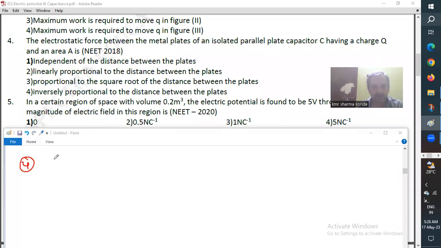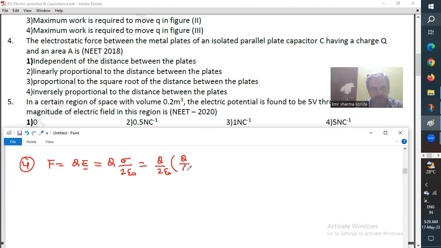Get back the force in association with electric field intensity, that is Q into E. For the metal plate, electric field intensity from the idea of Gauss law is sigma by 2 epsilon naught. Sigma is surface charge density, that is Q by area. So it will be Q square by 2A epsilon naught. There is nowhere distance included in the formula, so it is independent of the distance between the plates.